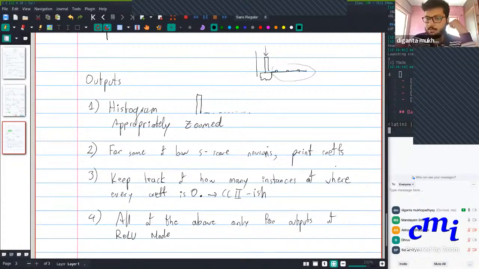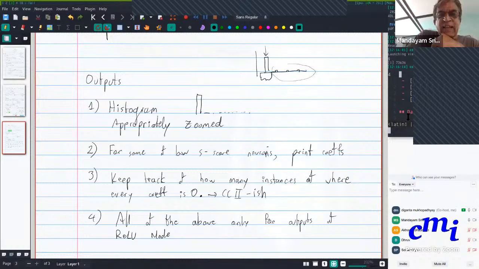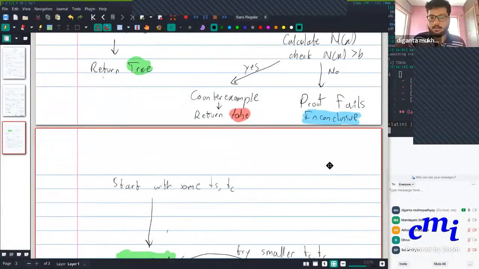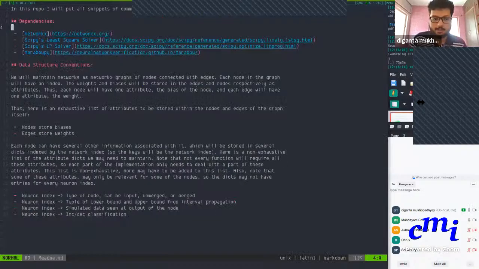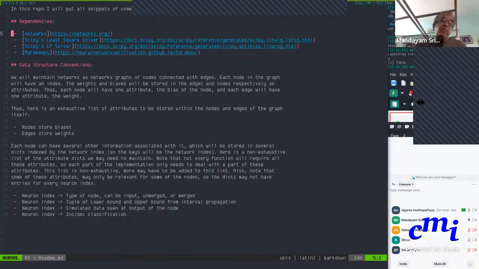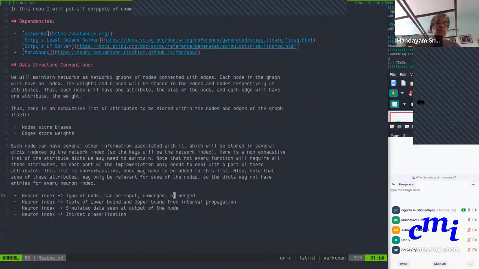So when you say format, you mean our data structure? The data structure we decided? I don't know what data structure for the DNN that is being used by their implementation. Okay, so you're basically referring to our data structure itself, right? So in your data structure, if it is different, then there is a distinction. So there is this table which will keep track of type of node, for example, and this is relevant. Okay. Yeah.